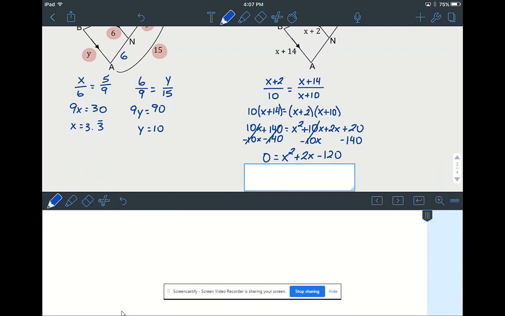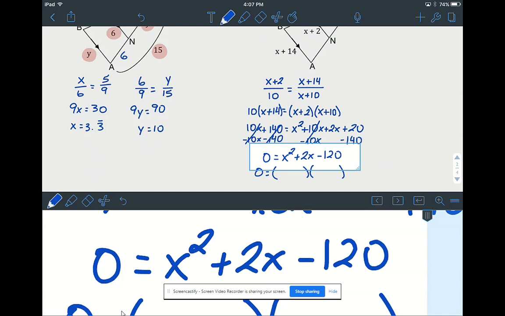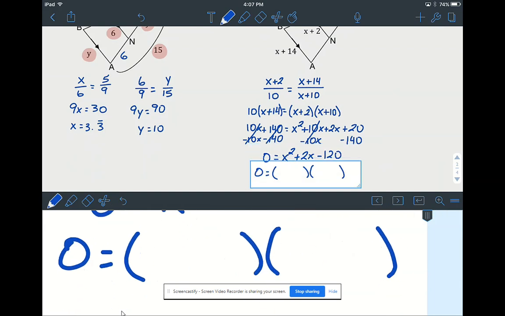So we are going to say 0 equals, open up these parentheses, binomials. What two factors multiply to give us negative 120 and add to give us a positive 2? Don't make this too difficult. With 120, if you take the 0 away, that means you're taking a 10 away, and you'd be left with a 12. So I'm going to use 10 and 12, because those two together would give you 2.